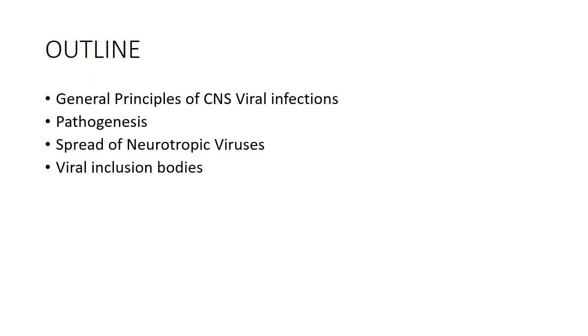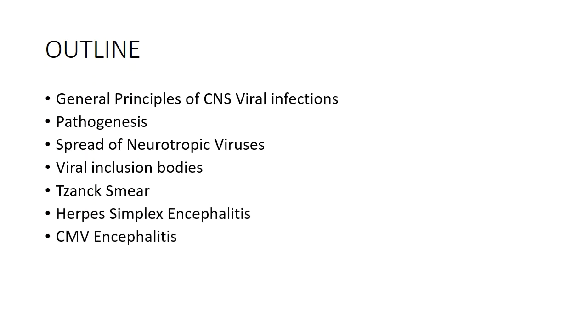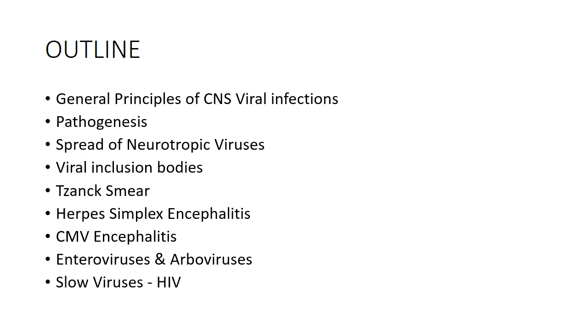We'll also be discussing the viral inclusion bodies and Zanx Mirror preparation and analysis, herpes simplex encephalitis and cytomegalovirus-induced encephalitis, enteroviruses and arboviruses inducing encephalitis, and finally, the slow viruses with a particular emphasis on human immunodeficiency virus or HIV. So let's start.